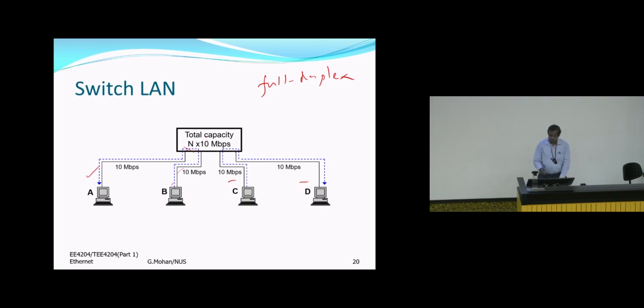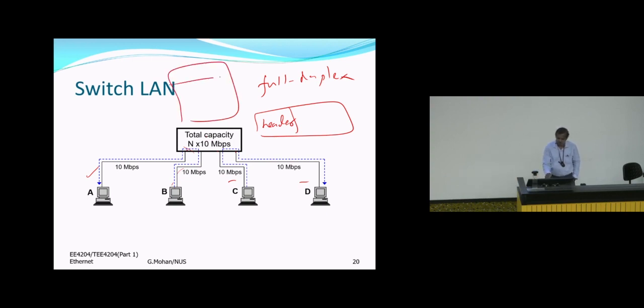So here, the switch will look into the header. It knows the destination address, and it has a forwarding table. This will tell the destination address and port number.